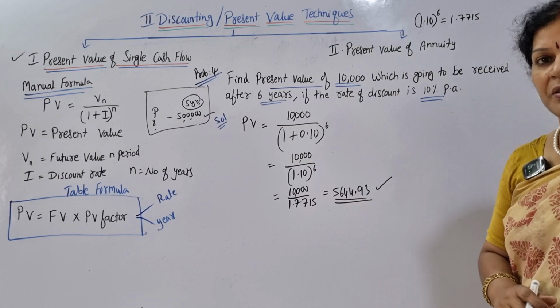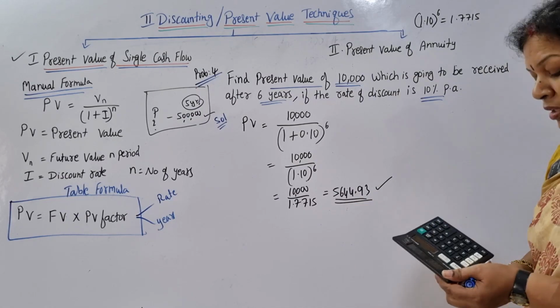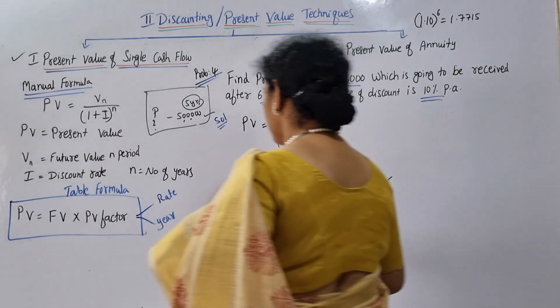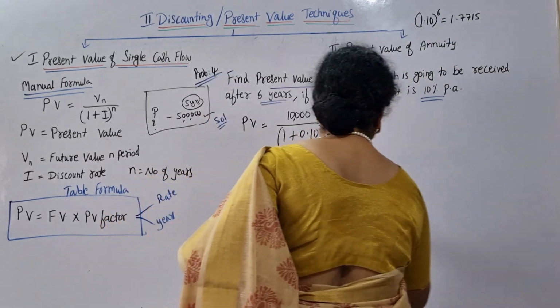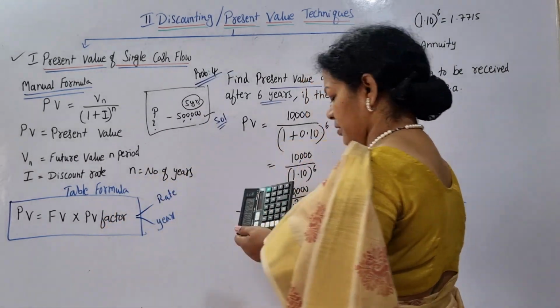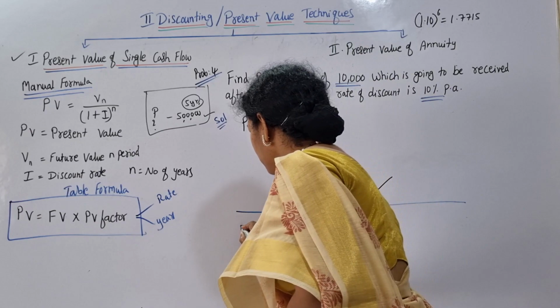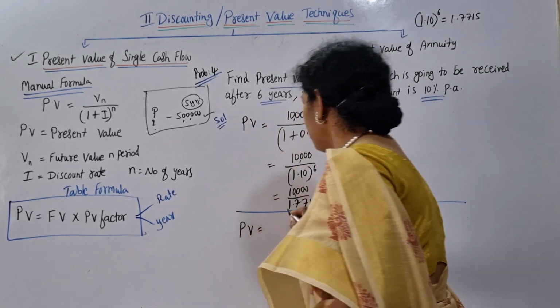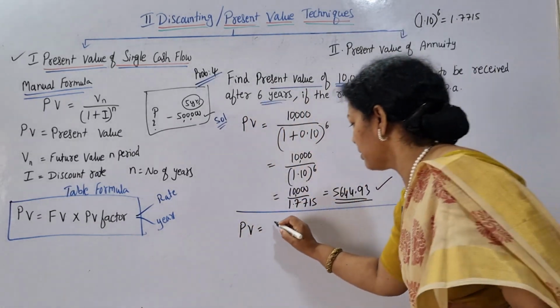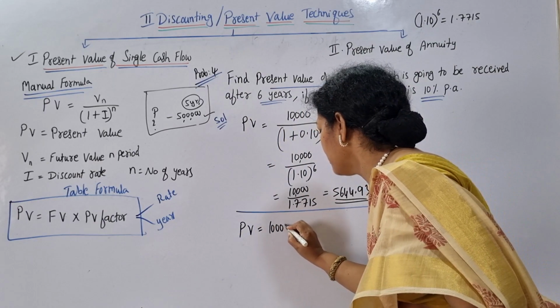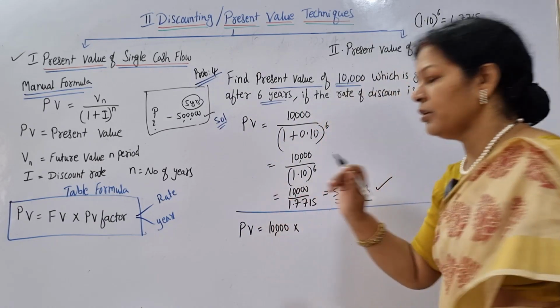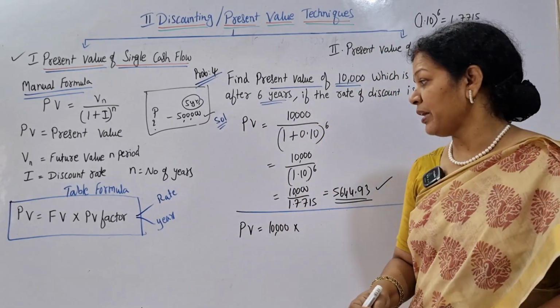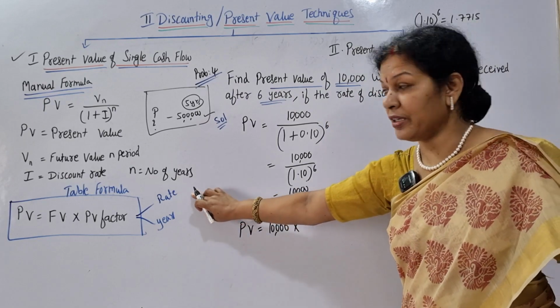Now let's see the table value also. As per the table value, what is the formula? PV is equal to future value, which is 10,000, into the present value factor, which we have to look up. How do we see it?